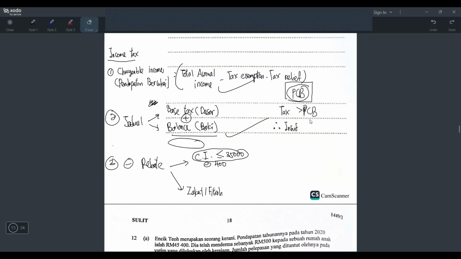You follow step 1, step 2, step 3 first. After you do step 3, tolak rebate, you will get the answer for tax, right? So the tax, if it's more than the PCB, then you have to take the tax, tolak PCB to get the insufficient payment. Insufficient means kurang bayar.